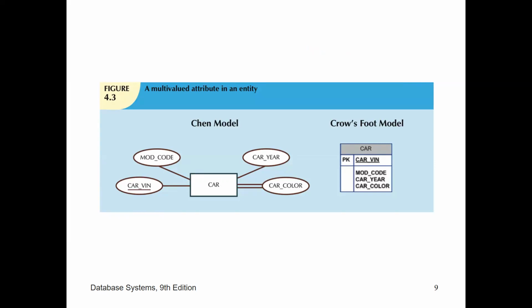In the ER model in Figure 4.3, the car entity's foreign key has been typed as mod_code, or model code. This attribute was manually added to the entity. Actually, proper use of data modeling software will automatically produce a foreign key when the relationship is defined.